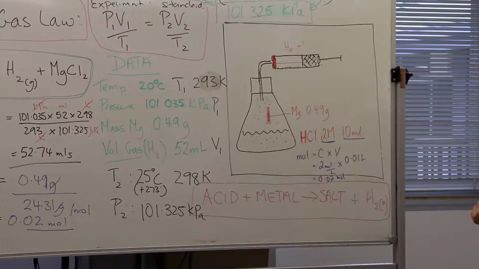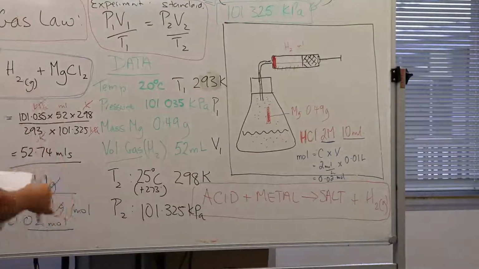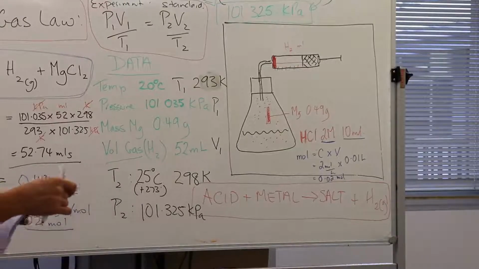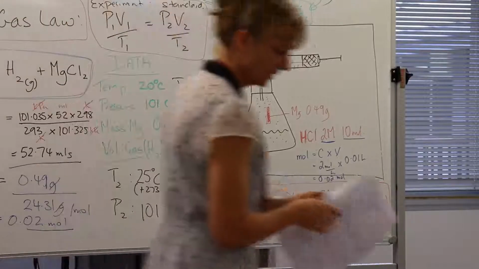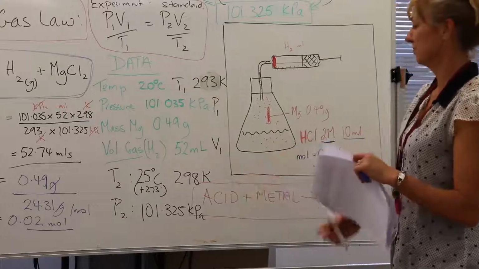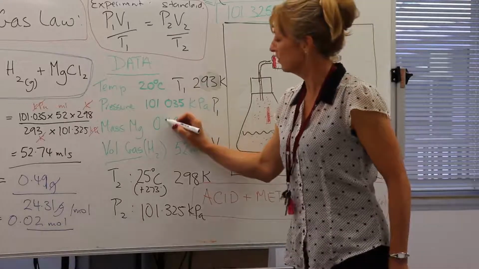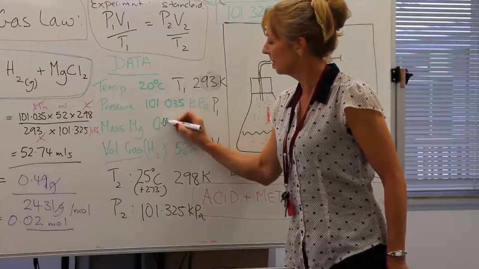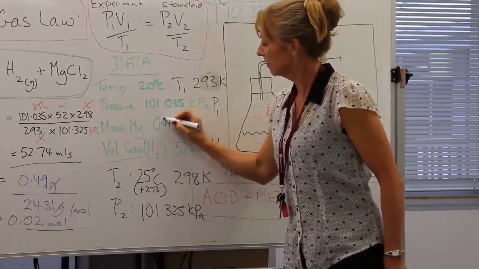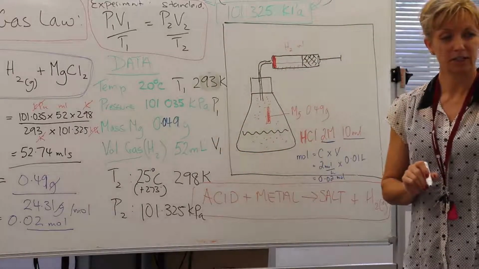So you can see we have equal, hang on, is this right? Did I write it down wrong? Mass. I must have written it down wrong. Yes, I did. My mistake. But in your data table, have a look. It's 0.049. I wrote it down incorrectly.